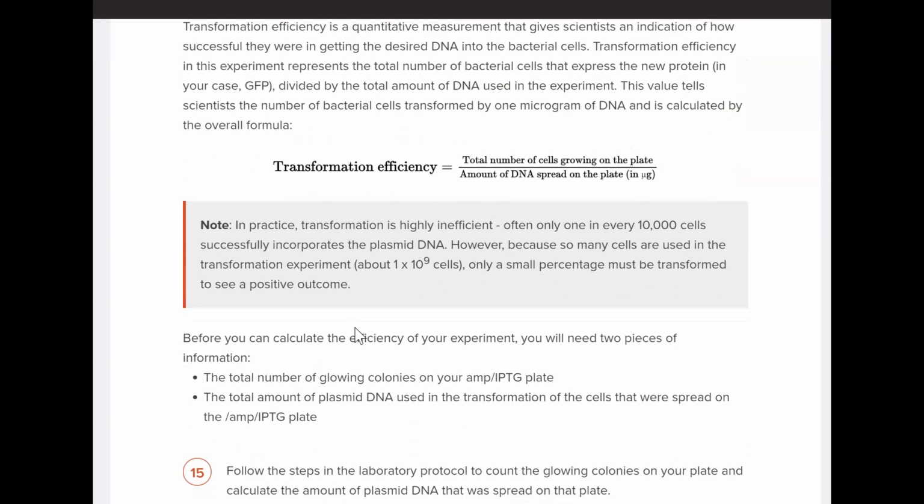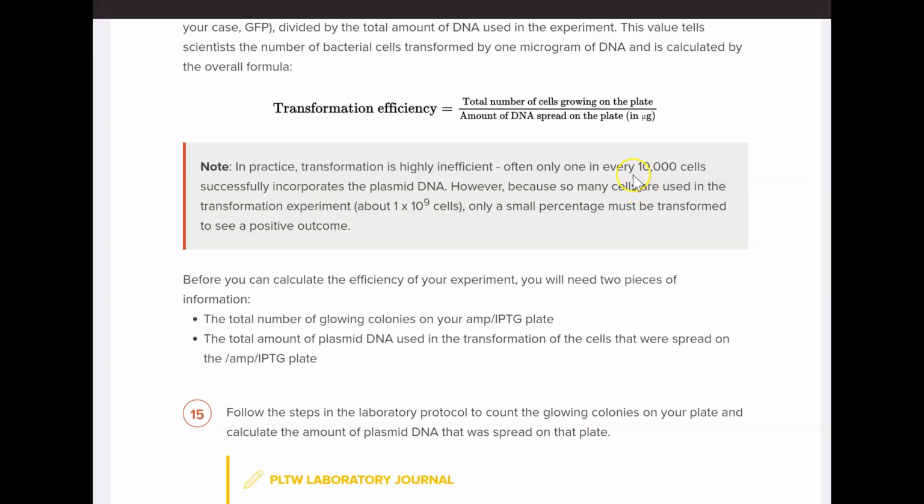So this is the general formula for transformation efficiency. And you'll notice here that it tells you that only 1 in every 10,000 cells actually gets transformed. That's the reason for the heat shock.